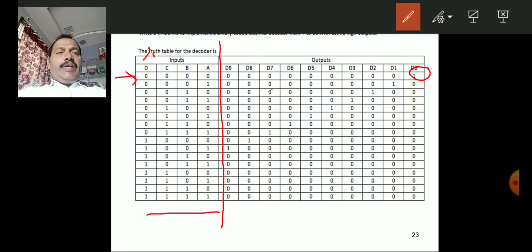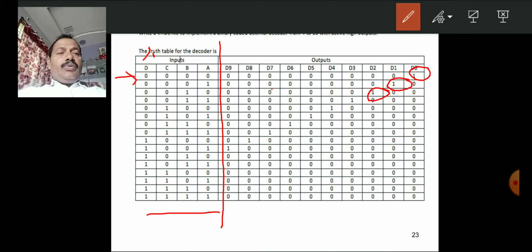For the next combination, 0, 0, 0, 1, Q1 is activated. All other outputs are deactivated. Next, for 0, 0, 1, 0, Q2 is activated. All other outputs are deactivated.